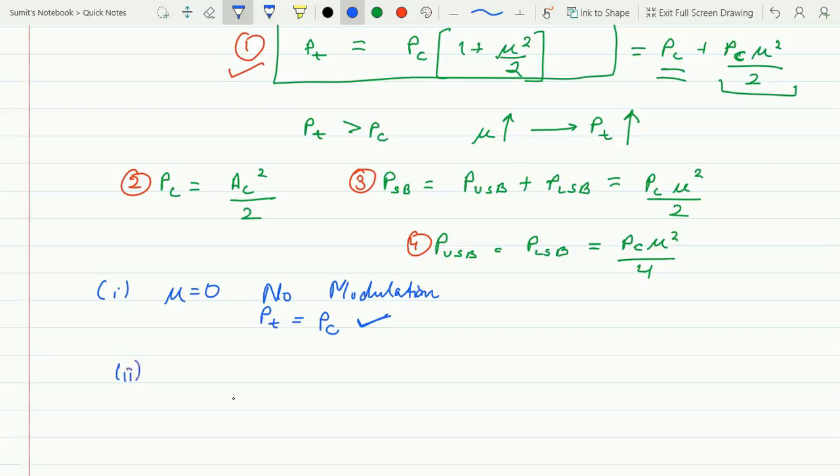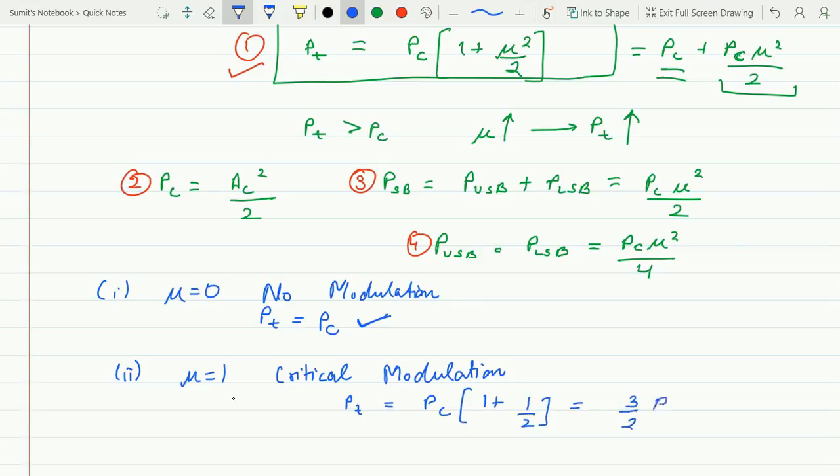Second case, if I take mu equal to 1, that would be your critical modulation, as we know the name for it, the PT becomes PC times 1 plus 1 by 2, that is 3 by 2 PC.